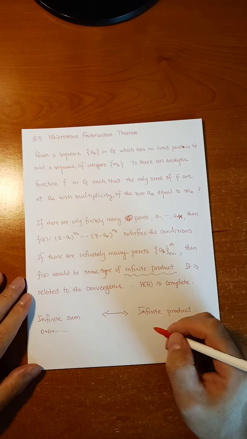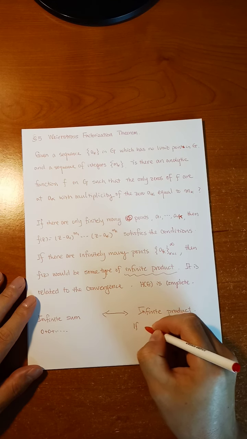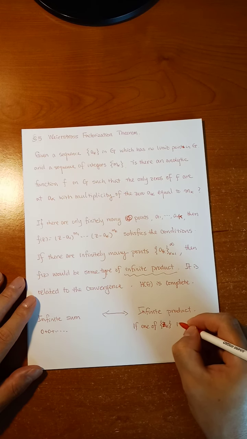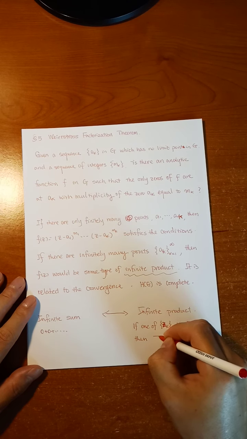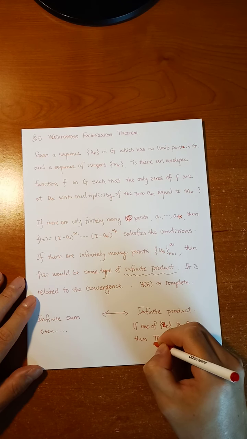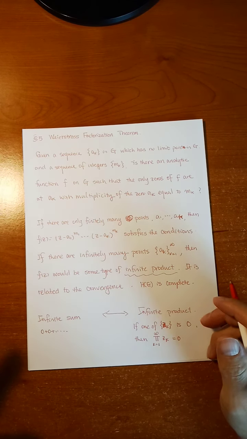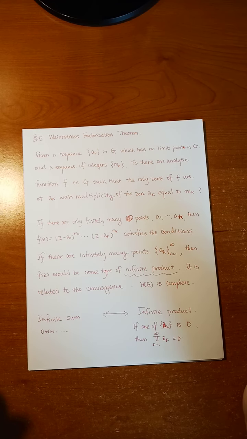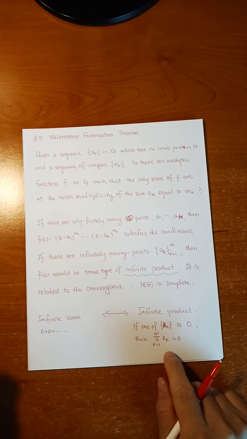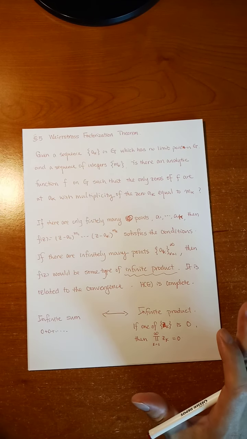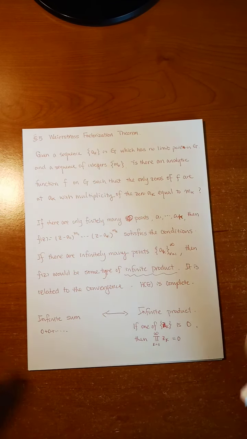But for the infinite product, let's put z_k, we're talking about complex numbers. If one of the z_k is 0, then this infinite product will be 0. So you have a lot of trivial cases. Whenever one of the elements is 0, the product will be 0. So the infinite product is slightly different from the infinite sum.